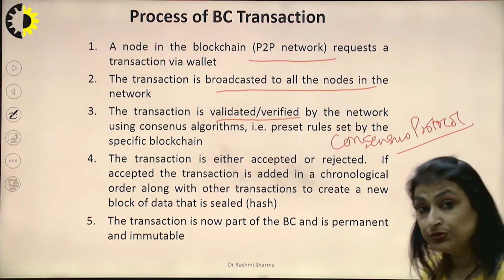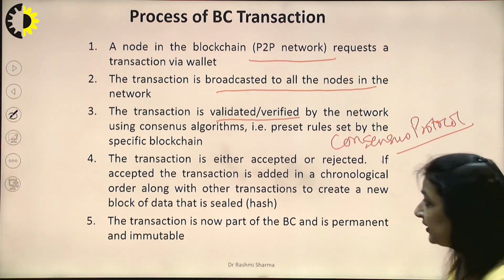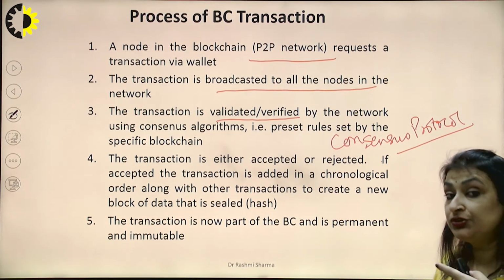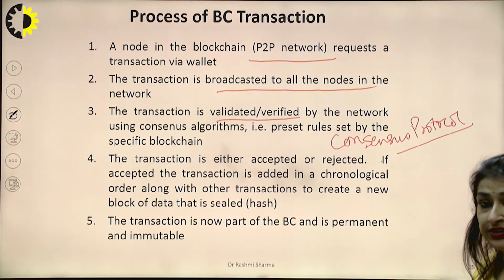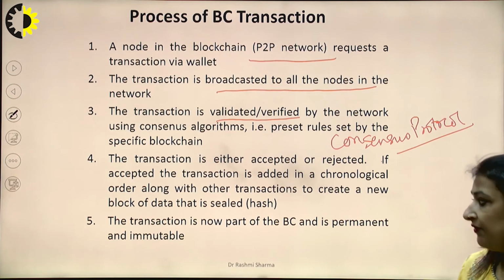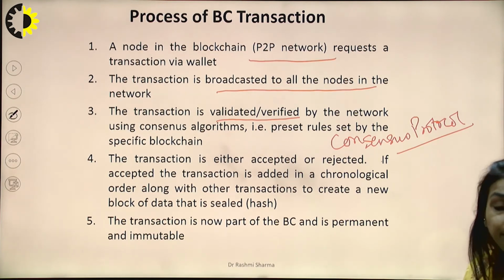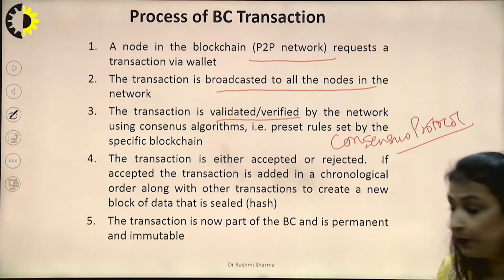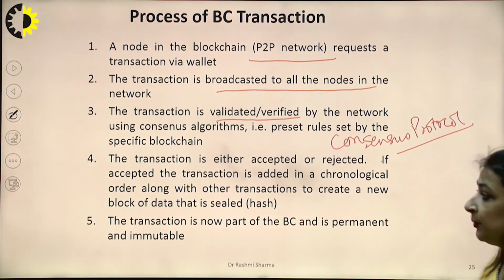So here the user is verified. Once the user is verified, then it is decided whether the transaction is accepted or not. If it is a valid user, then it is accepted, the transaction actually takes place, and if the transaction is accepted, it is added.